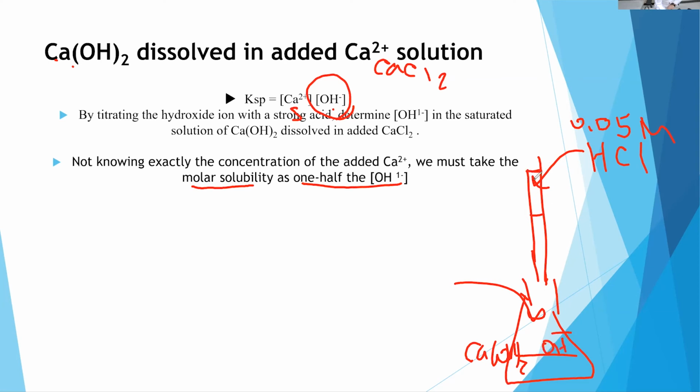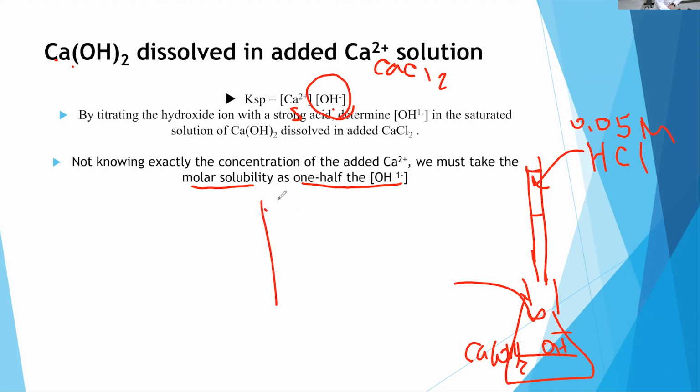And compare experiment 1, where the calcium hydroxide is just a saturated calcium hydroxide solution in water, to experiment 2, or part 2 of this experiment, when you have calcium hydroxide dissolved in calcium chloride.